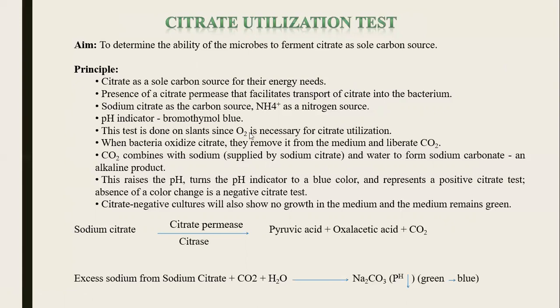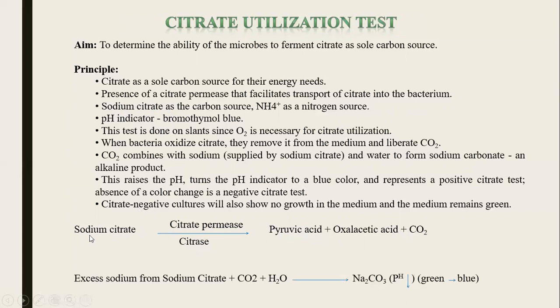When the organisms are inoculated in sodium citrate medium, the organisms which have citrate permease or citrase enzyme will use this sodium citrate as a source of carbon, and thereby they produce pyruvic acid, oxaloacetic acid and carbon dioxide.